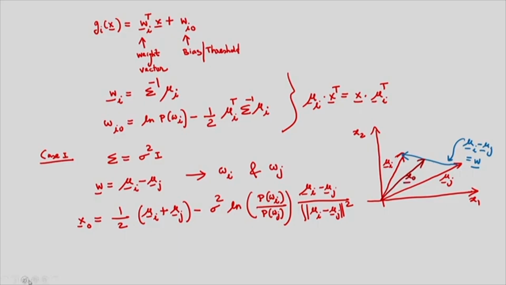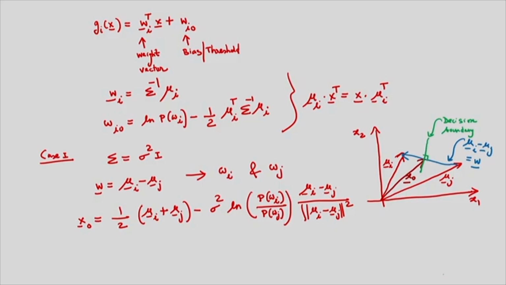Now how to draw the decision boundary? The decision boundary I have to draw should be orthogonal to the weight vector. You can see this is orthogonal to the weight vector, and it should pass through the point x naught. So this is the decision boundary. The decision boundary is orthogonal to the weight vector.